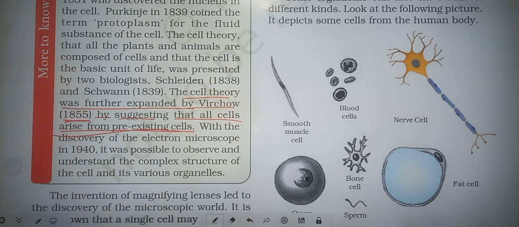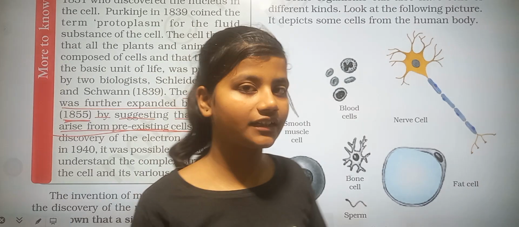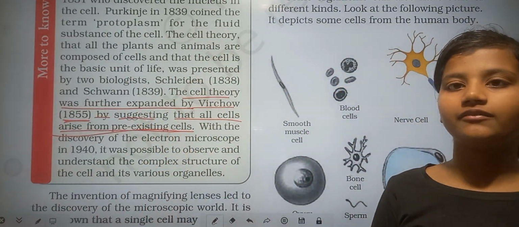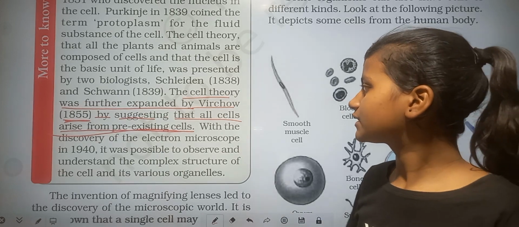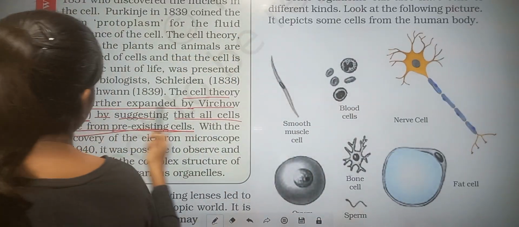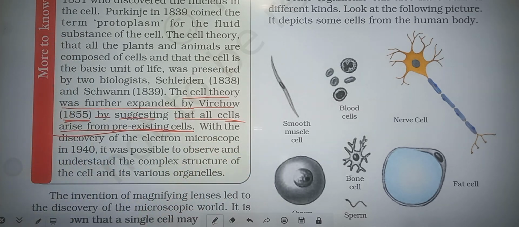But we know that cell theory cannot explain how new cells arise. So in 1855, Virchow suggested that all cells arise from pre-existing cells.